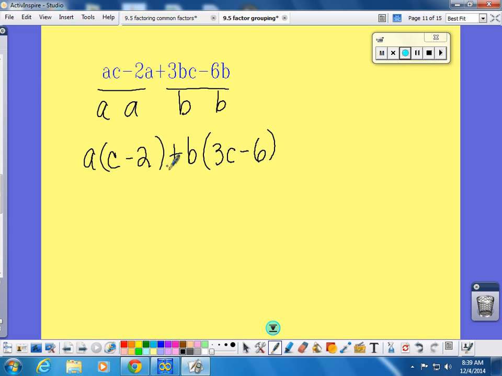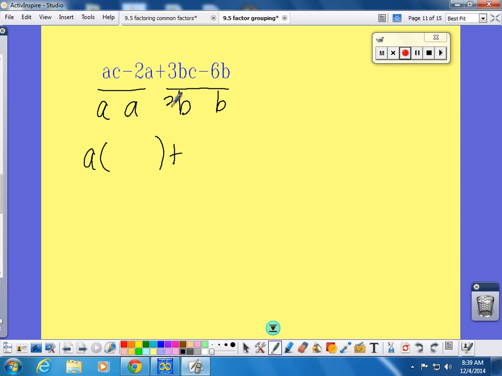If you can look inside these parentheses and still see a greatest common factor, then you know there was more to pull out. Does that make sense? Like there was more than just the B. Everybody will do that at some point. So when you look inside the parentheses and you see, oh wait a minute, I still got a greatest common factor, that just means use your eraser and back it up.